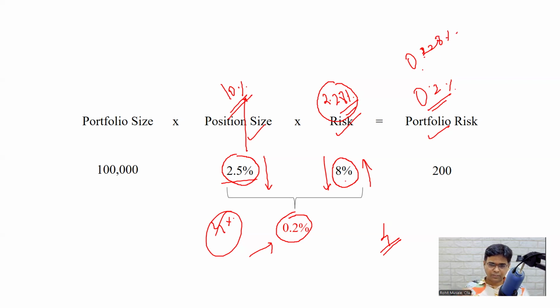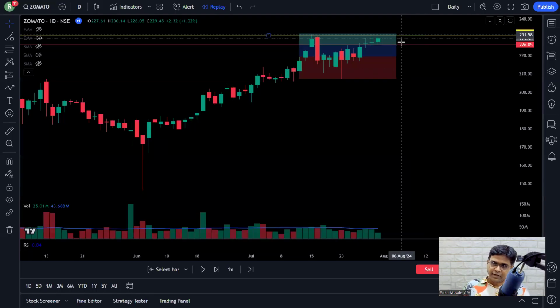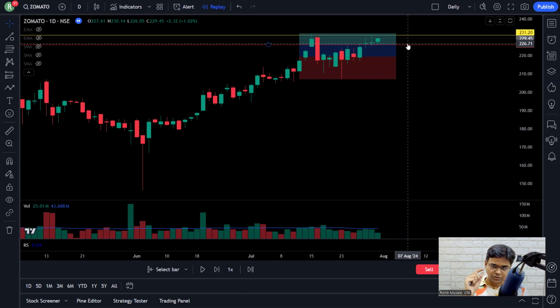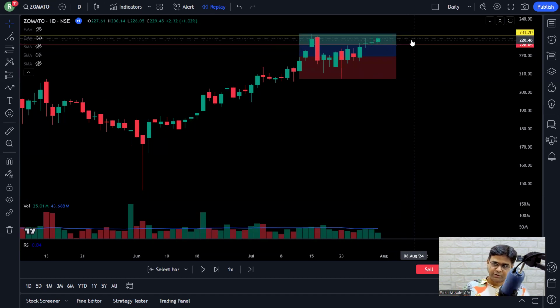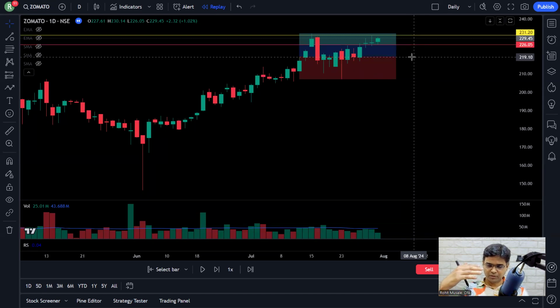So naturally what is happening here is that the tighter the distance between the yellow line and the red line, the bigger will be your position size, because the amount of money that you're risking is constant. And the wider the distance between the yellow line and the red line, the smaller will be your position size, because if you increase the stop loss, you will have to reduce your position size.